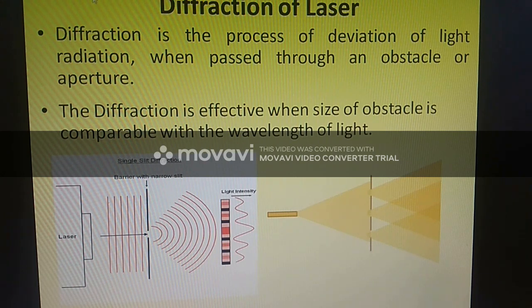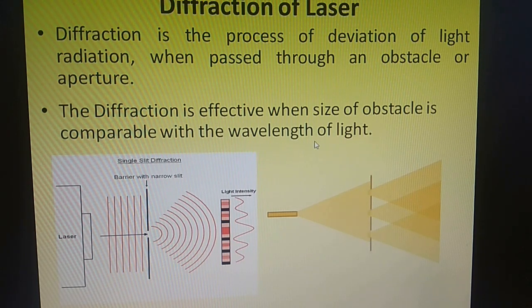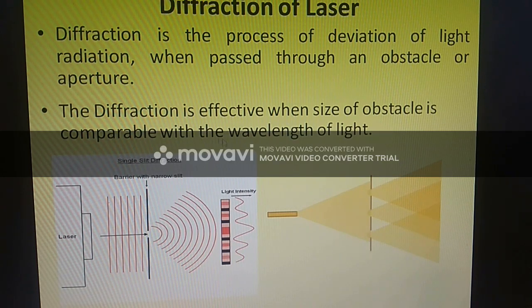That process is called diffraction of light. Diffraction is effective when the size of the obstacle or aperture is comparable with the wavelength of light; then we get better diffraction.